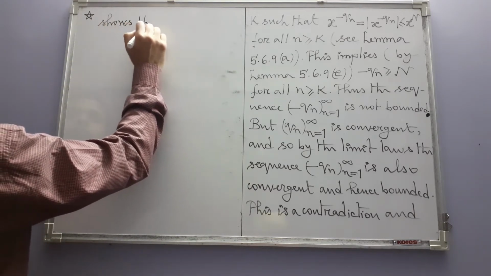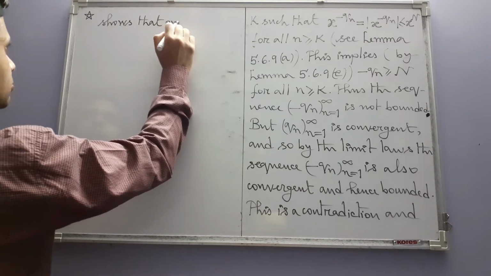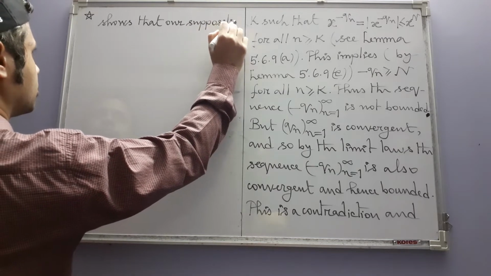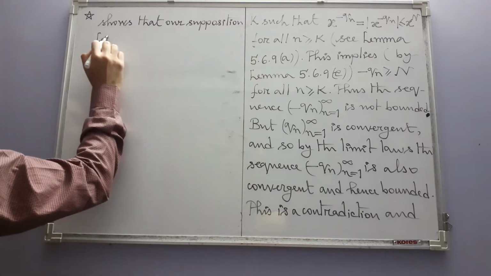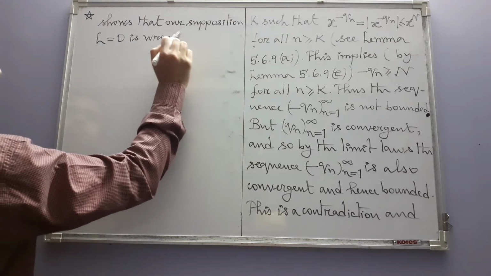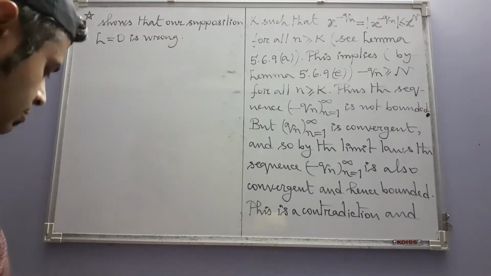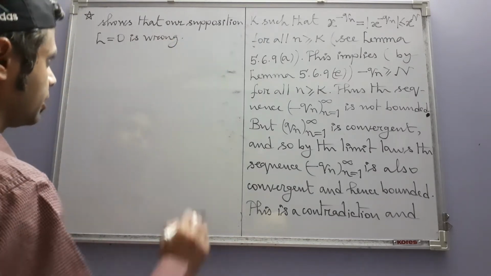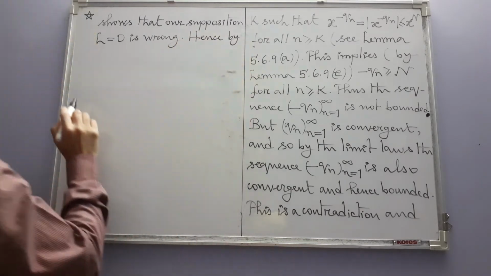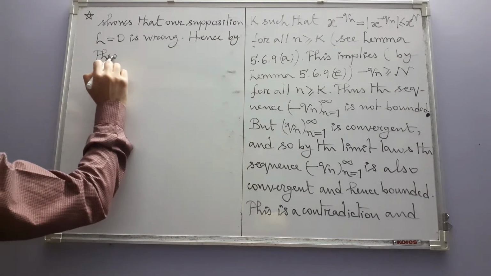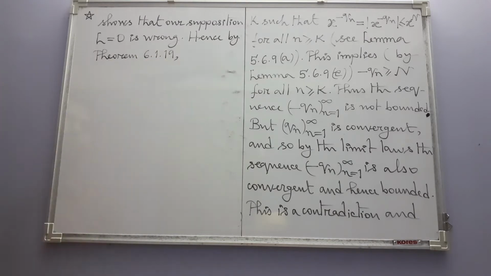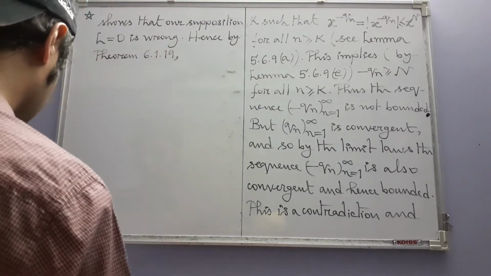And shows that our supposition is wrong. Hence, by the limit clause, which also is theorem 6119, this limit exists.